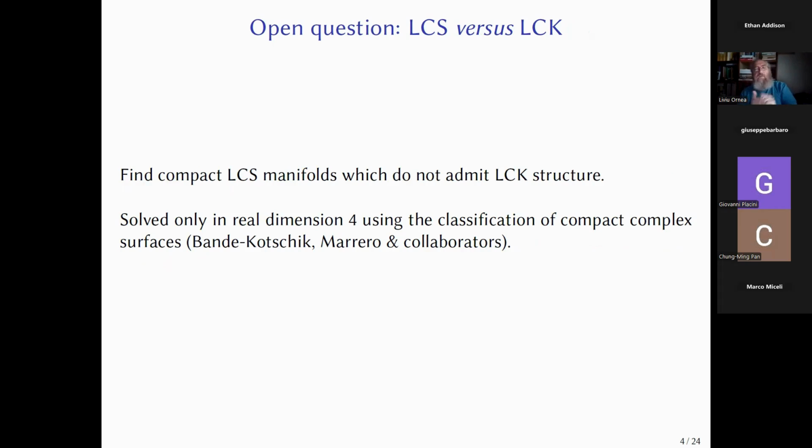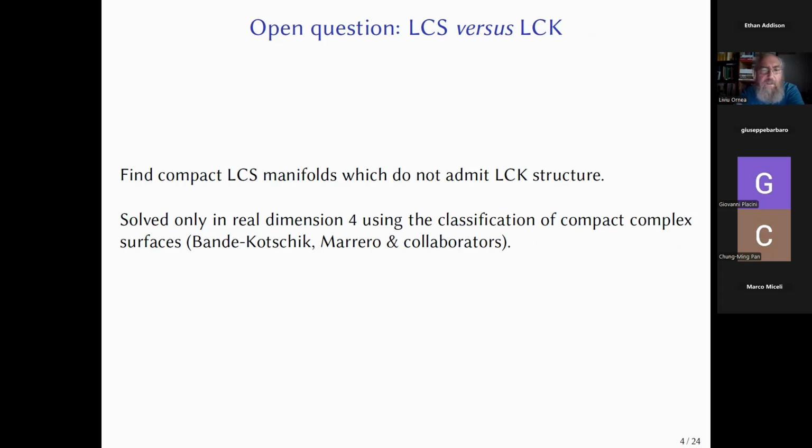Now there is this open question: find compact LCS manifolds which do not admit an LCK structure. This is, of course, the analog of finding symplectic manifolds which are not Kähler. It wasn't very easy to solve in the Kähler case, and it seems even more difficult in the LCK case.